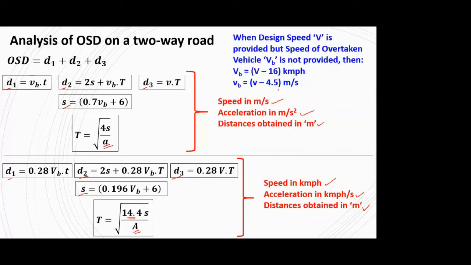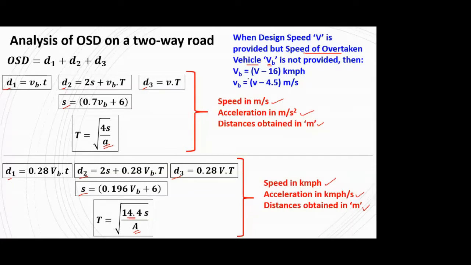Now, one thing to note is the design speed, capital V, that we see in all these formulas. It is generally provided. Sometimes that's the only value provided in the numerical, and the speed of the overtaken vehicle or slow moving vehicle, VB, is not provided.